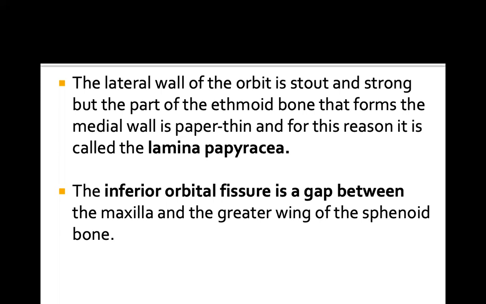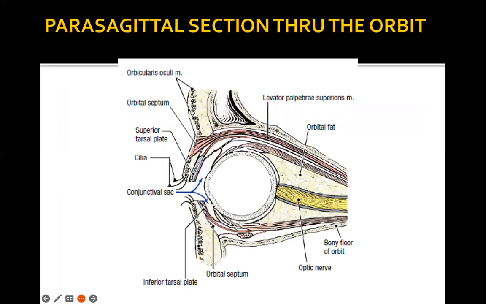Even in this pattern where we expect a lot of protection, still, accidentally, something hits your eyeball. Even your own hand can hit the eyeball accidentally, and then you know how the pain is felt. And then you start tearing and all that. The inferior orbital fissure is a gap between the maxilla and the greater wing of the sphenoid bone, okay? So note that one as well.